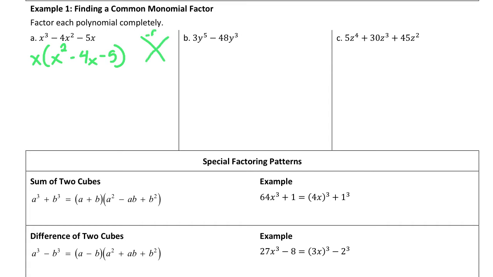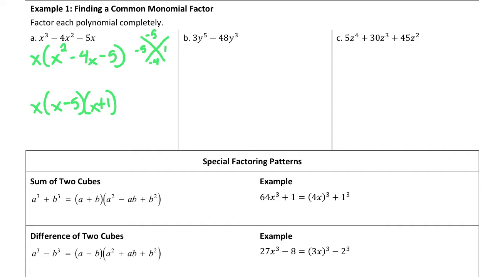Numbers that multiply to be -5 and add to be -4 are -5 and +1. So factored, keep x on the outside: x times (x minus 5) times (x plus 1).